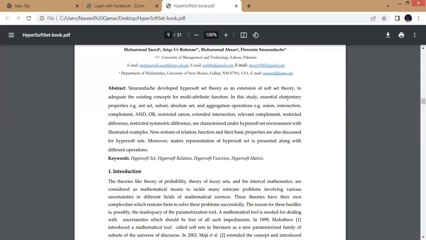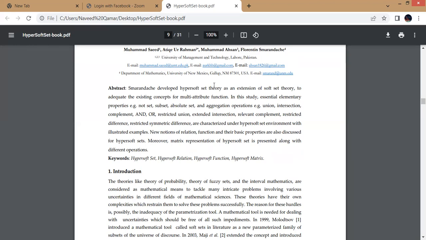So in this study, essential elementary properties like not set, subset, absolute set, and aggregation operations, union, intersection, complement, and or restricted union, extended intersection, relative complement, restricted difference, restricted symmetric difference. We will discuss all of these properties or operations on hypersoft set.